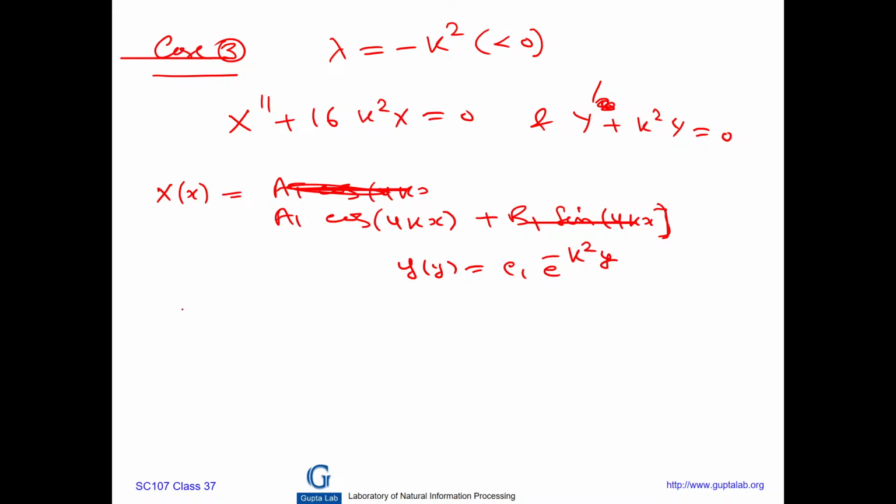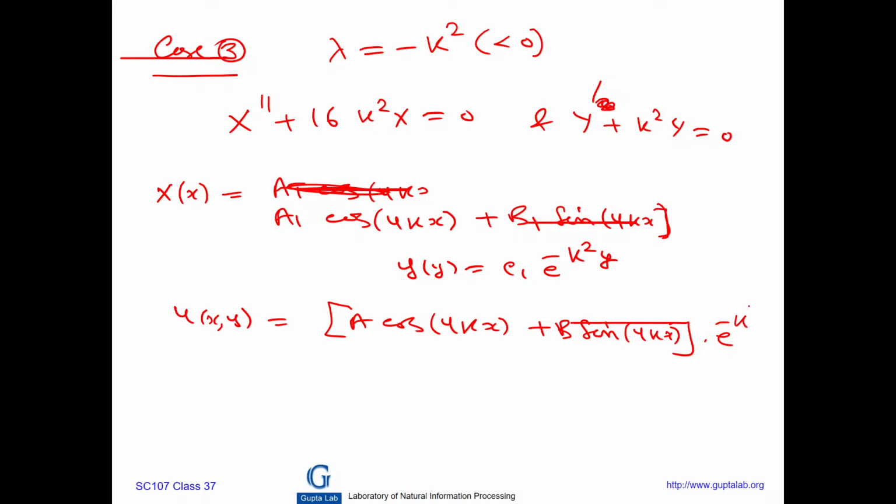So u(x,y) is nothing but a times cos 4kx plus b times sin 4kx times e raised to minus k square y. That is a solution.